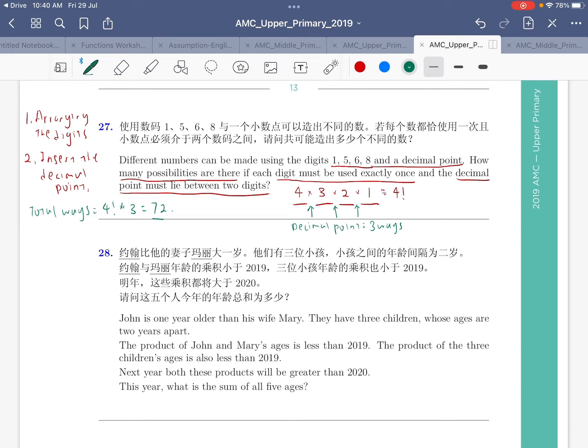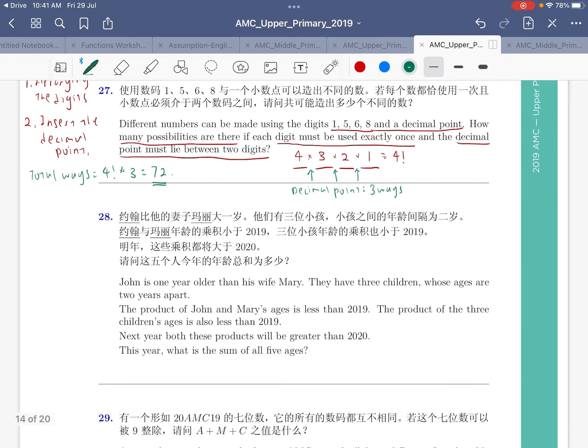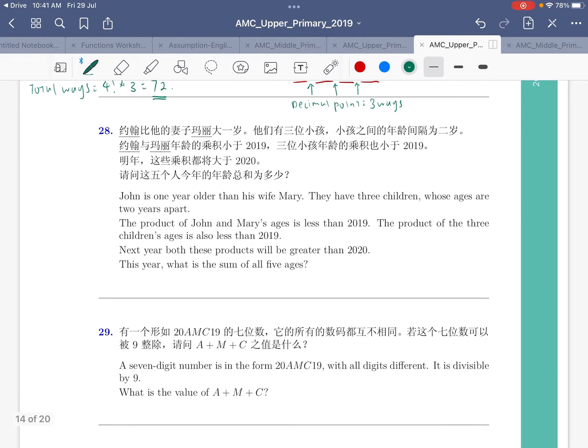Alright, so I hope everyone is able to understand how we figure out how many combinations there are when we are trying to arrange a particular number of digits, and then how we manage restrictions and conditions that are involved in this kind of question. Alright, without further ado, let us move on to question 28.